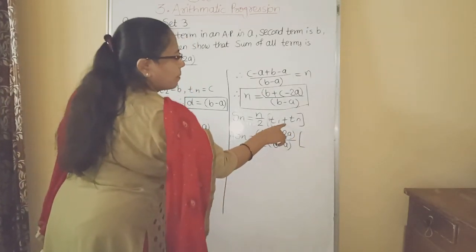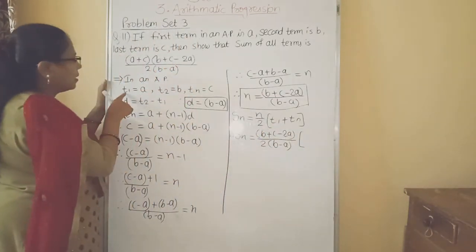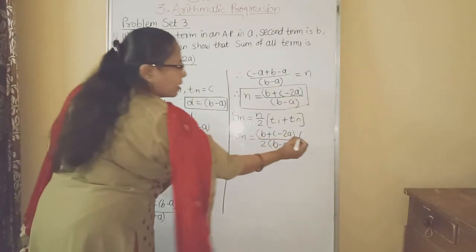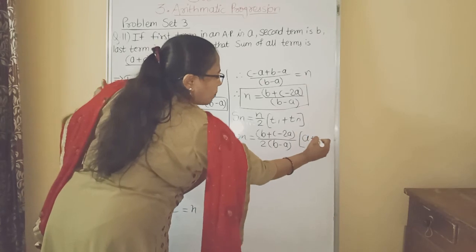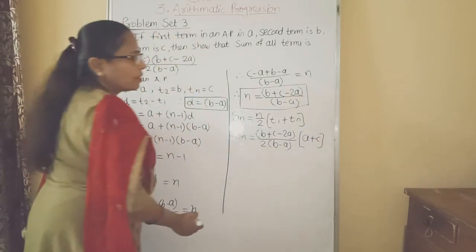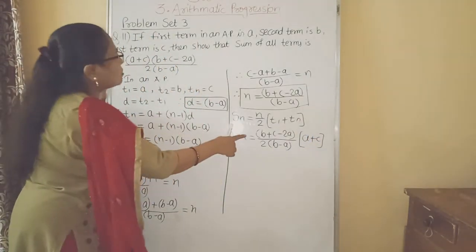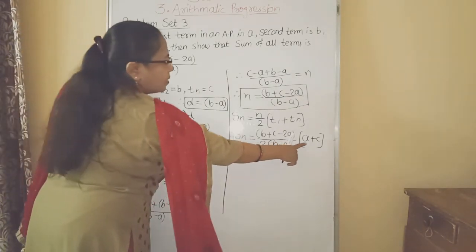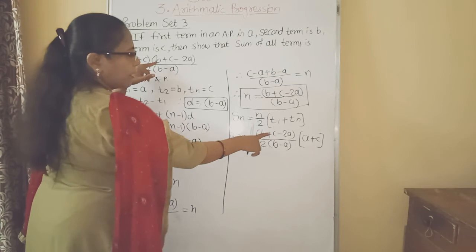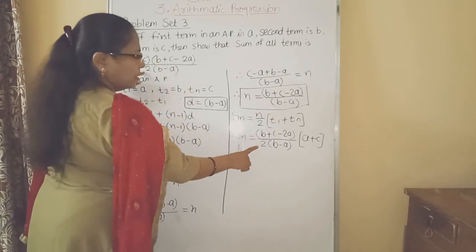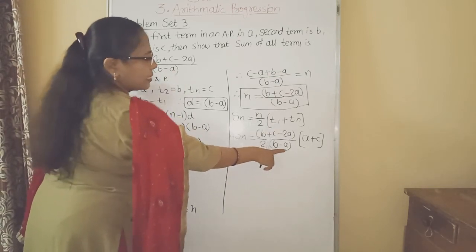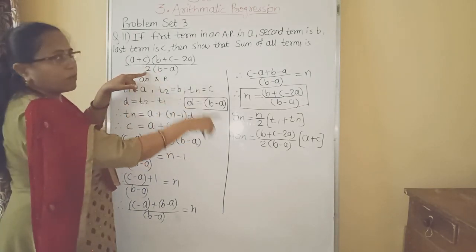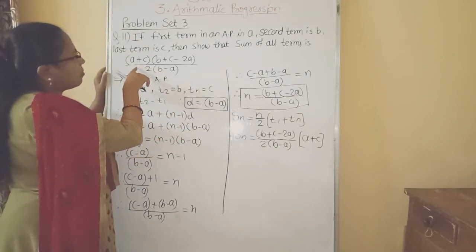Bracket T1 plus Tn. T1 is equal to A, Tn is equal to C. So here in the bracket we will get A plus C. Understood? So students, we got it this way: (A plus C) into (B plus C minus 2A) upon 2 into (B minus A). So we got the sum of all these terms equal to this, and we proved it.